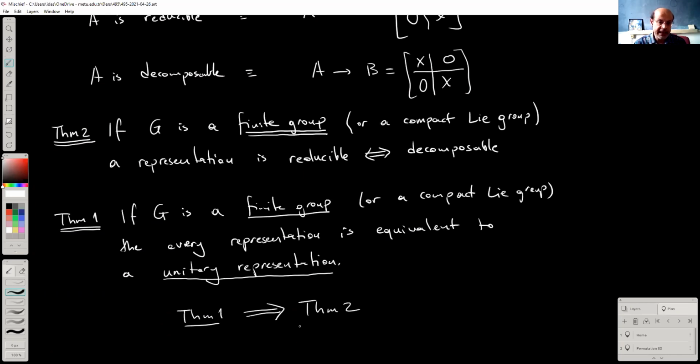Okay. So again, let me repeat, this is the technical part. Once I prove this theorem, we are not going to do anything with it anymore, except that we are going to use the result that, for example, we are going to choose every irreducible representation as a unitary representation, because this is a little bit more convenient.